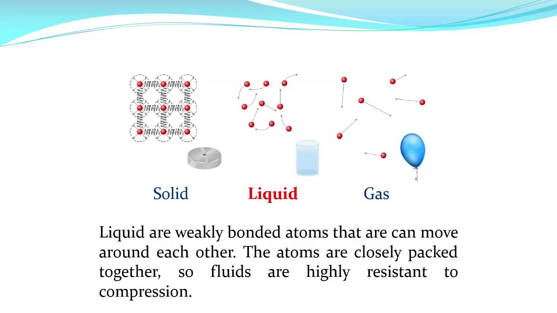All right, so a couple of reviews of what these substances are at the molecular level. We're going to focus on liquids and gases. So first of all, liquids here. What this picture is trying to show you is that compared to solids, liquids are loosely bound, where solids have these fixed bonds between them.